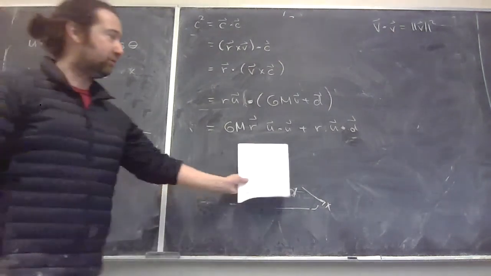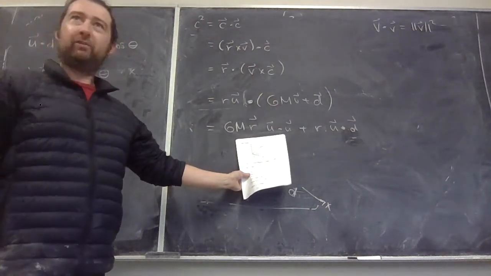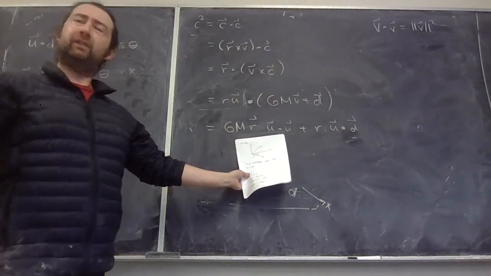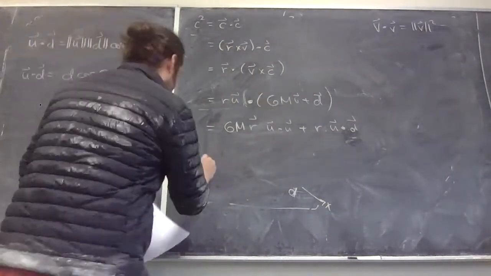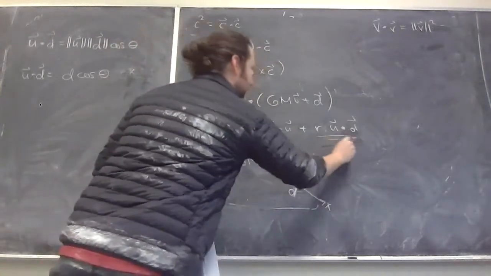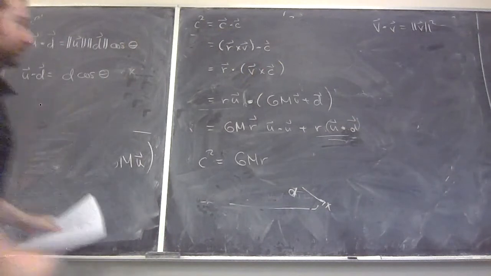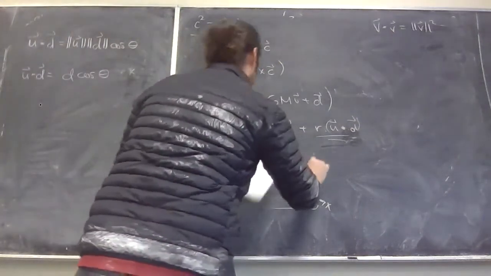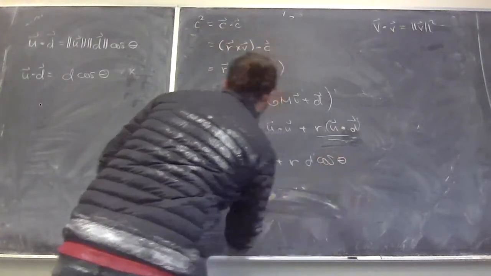Oh, but look, I've managed to create another U dot U. U is a unit vector, so U dot U is 1. So C squared is equal to GM R, plus, but I know this quantity too, right? U dot D, I just said, was D cosine theta. So I get R D cosine theta.